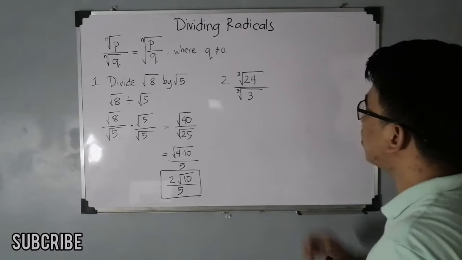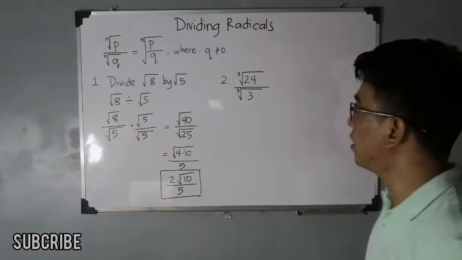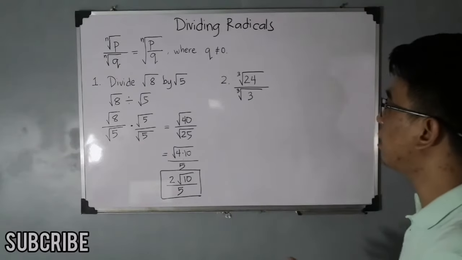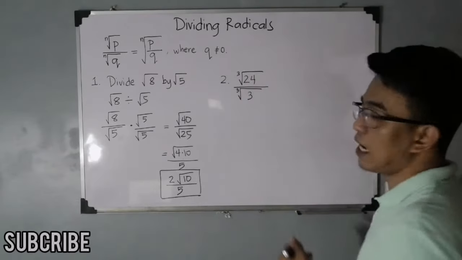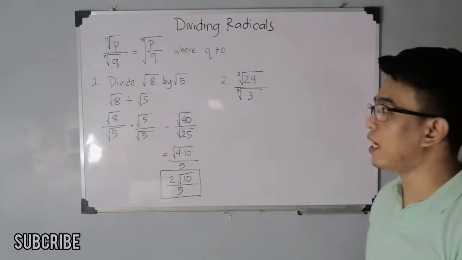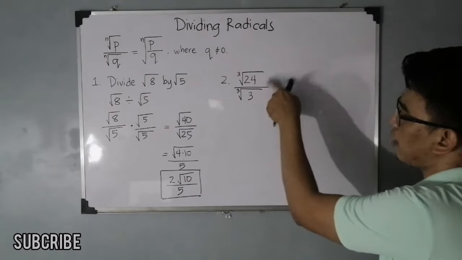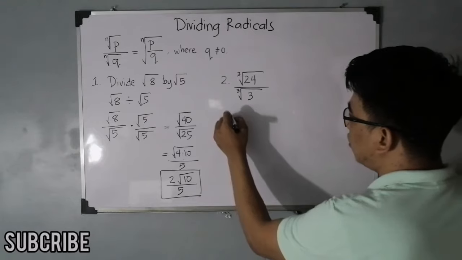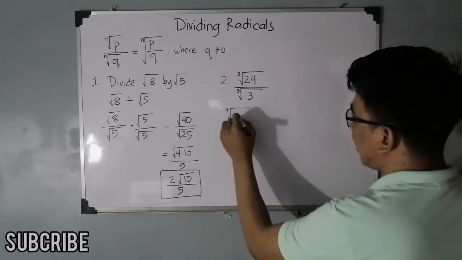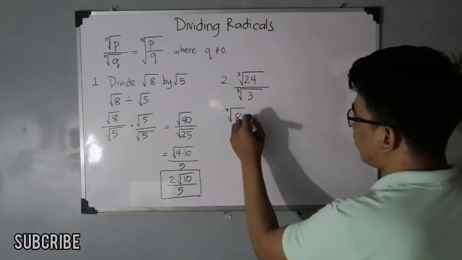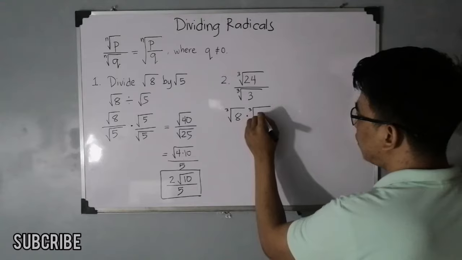So for the first solution, we have the cube root of 24 over the cube root of 3. So for my first solution, ang gagawin ko dito is that I will be using a property or a law of radical wherein this numerator, the cube root of 24, can be factored out as the cube root of 8 times the cube root of 3.